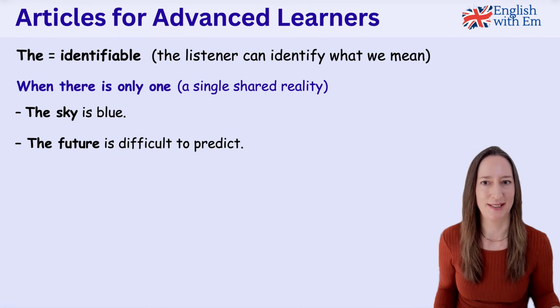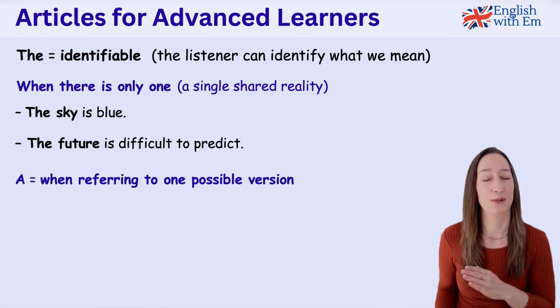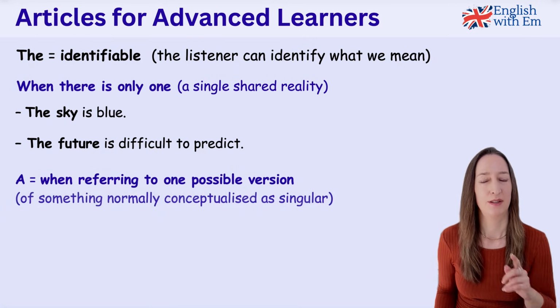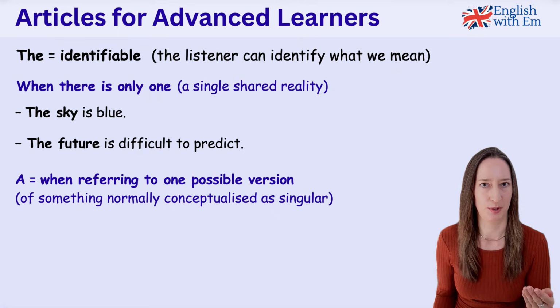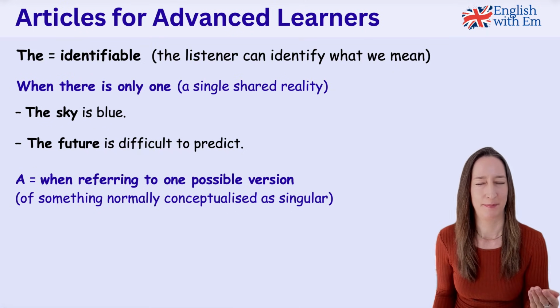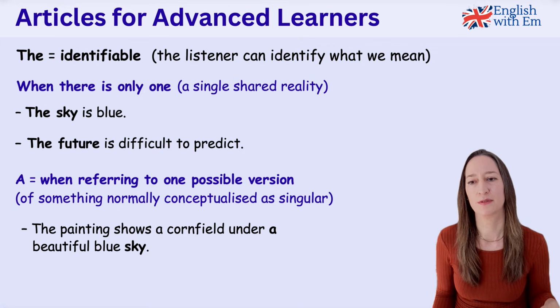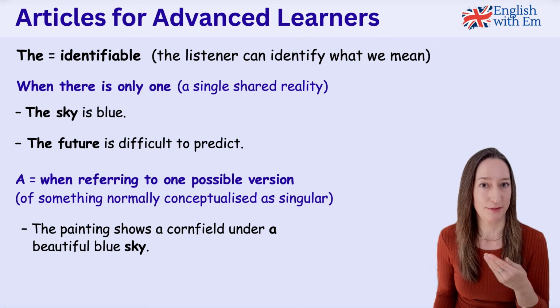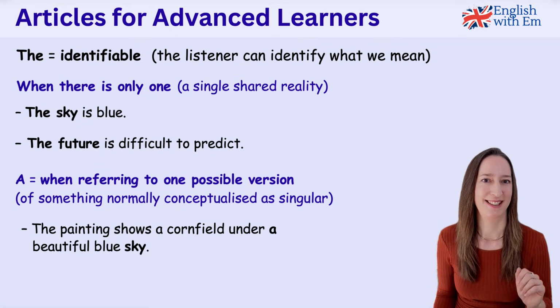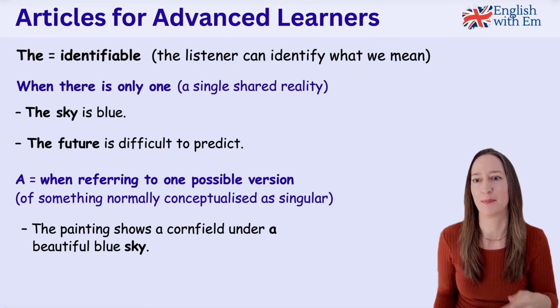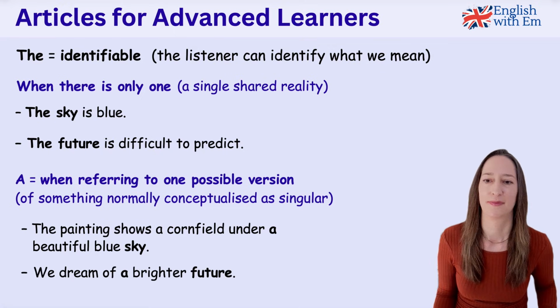And it's often the case with these that we can use a when referring to one possible version of something that is normally conceptualized as singular. So, for example, the painting shows a cornfield under a beautiful blue sky. So that's one version of a sky that has been imagined by the painter.